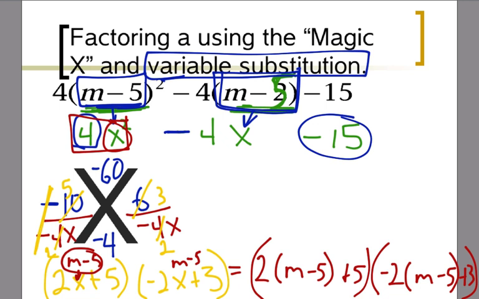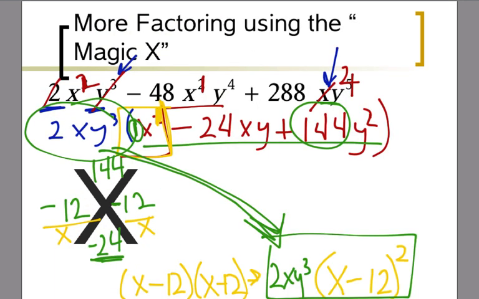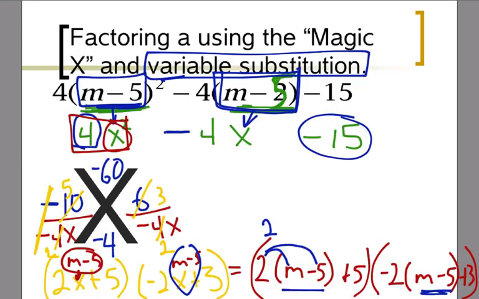So you can see my x's turned into the m minus 5s. Okay? And then from there you just want to simplify as much as you can. And you simplify by distributing the 2, and that gives you 2m minus 10 plus 5 in this first parentheses.